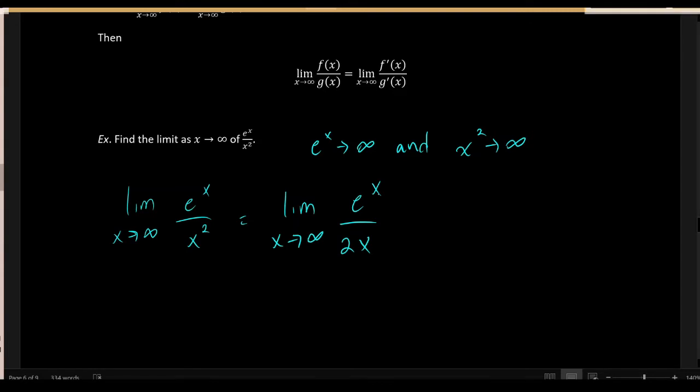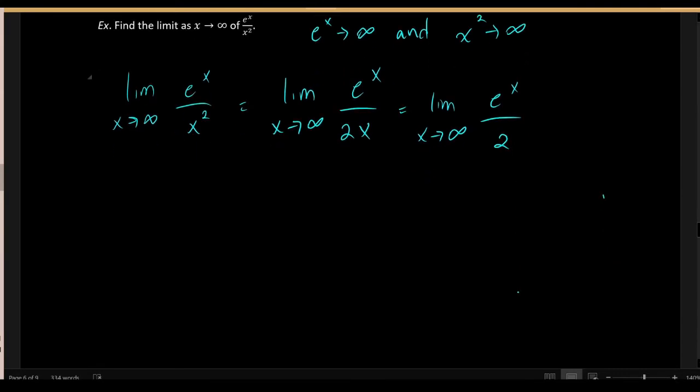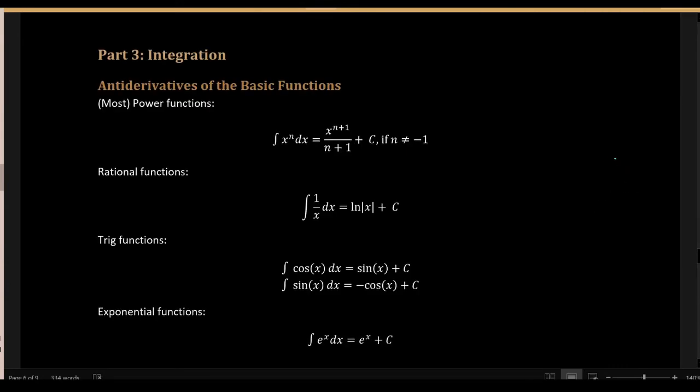And since both the numerator e to the x and the denominator 2x still go to infinity, you can take the derivative even one more time. Take the limit as x goes to infinity of e to the x over 2. And now, because the numerator is getting infinitely large and the denominator is constant, this limit is equal to positive infinity.